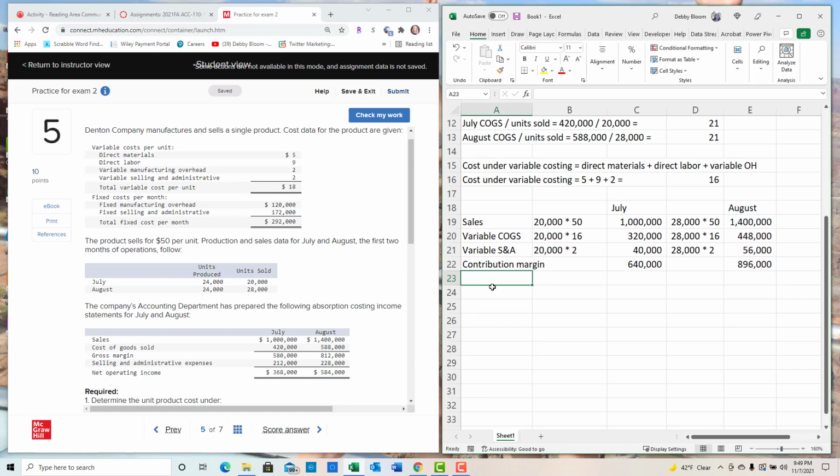Now, after our contribution margin, we're just going to subtract our fixed costs, which are our fixed manufacturing overhead and our fixed selling and administrative. Both of those are given in the problem as 120,000 and 172,000.